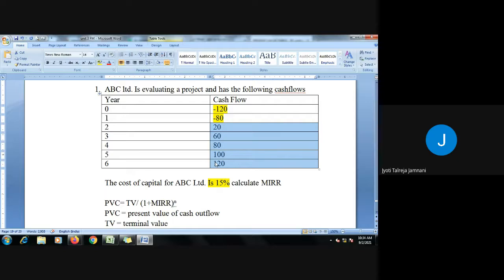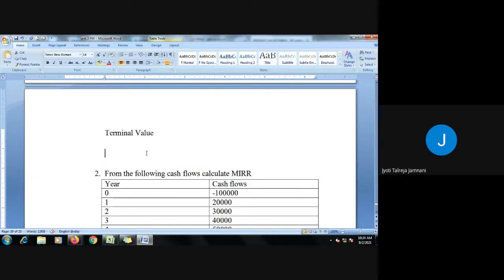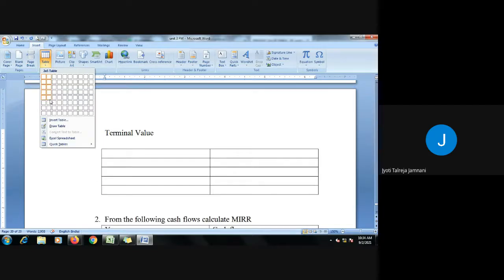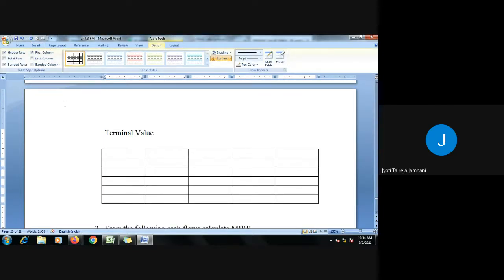So let us solve for it. Terminal value. We need these 4 columns: the year, cash inflow, future value interest factor at 15%, the rate given, and we'll write here future value.